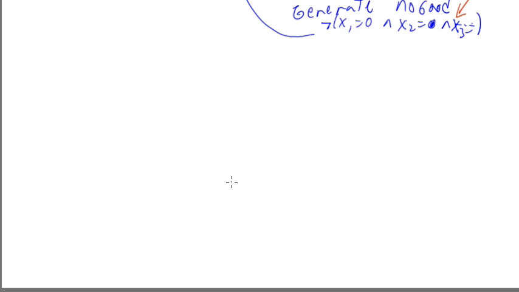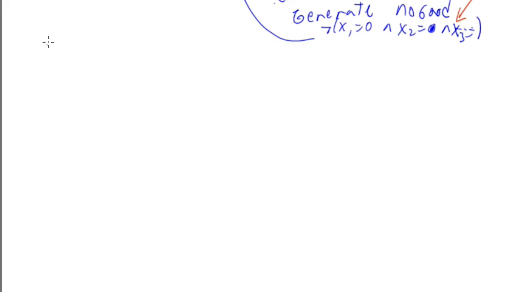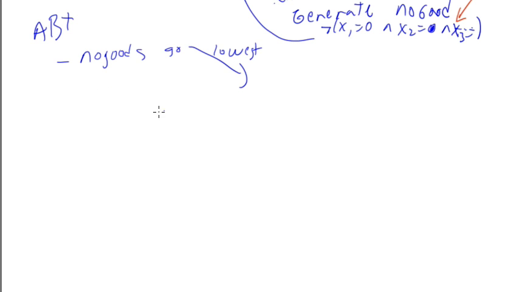A couple of things about when you run this algorithm in the real world. So ABT, or asynchronous backtracking, what happens is the no goods get sent to the lowest priority agent. No goods go to the lowest priority. So what ends up happening when you implement it and look at it is that you get something like this. The number of messages that are processed, and let's say the x-axis is the agent.